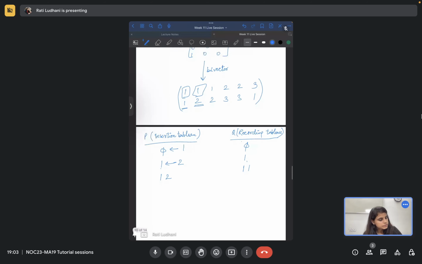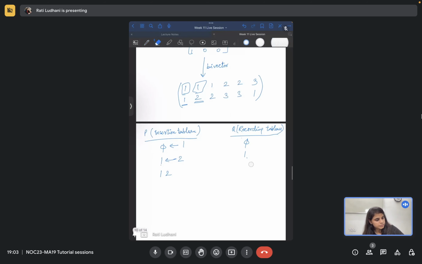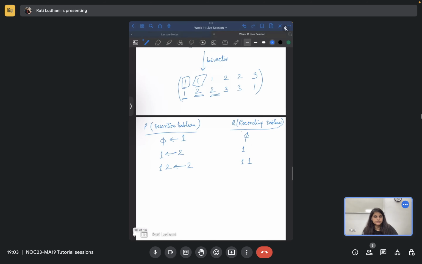Next, now you will insert 2. You will get 1 2 2, and corresponding to that 1 1, and here row number 1.